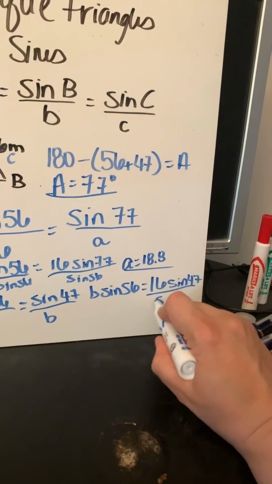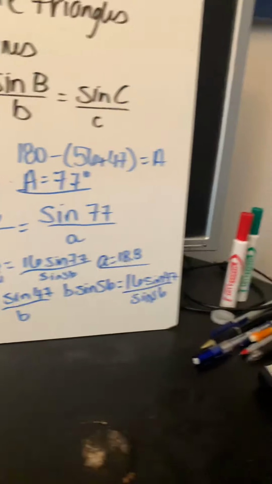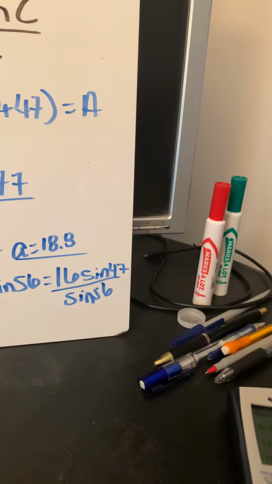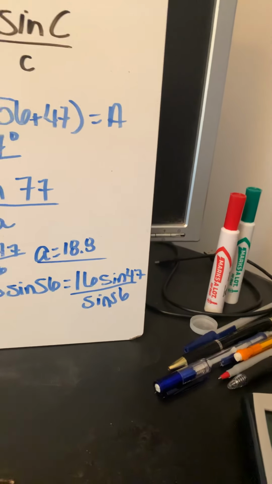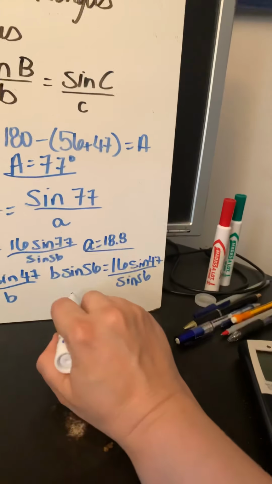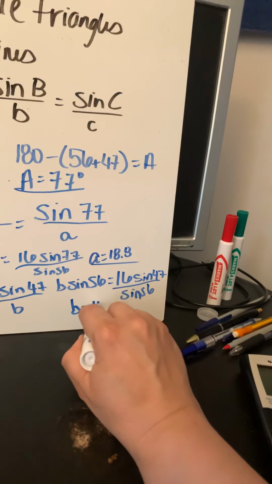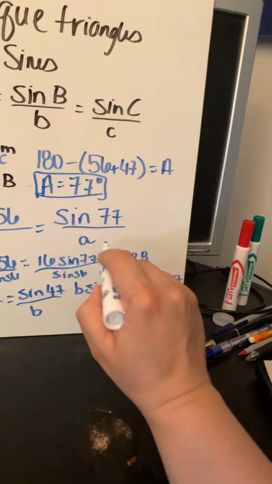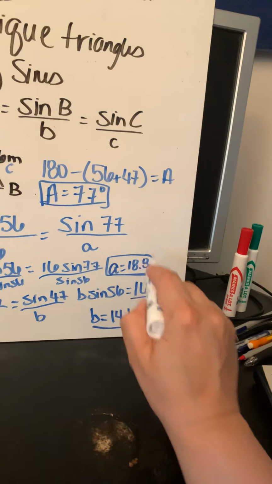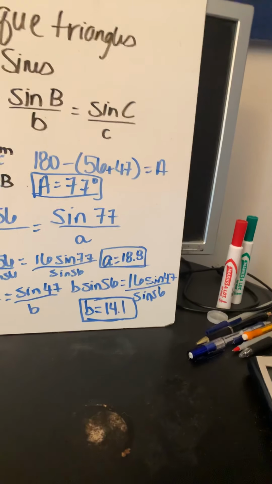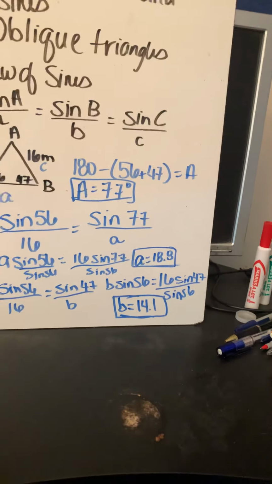Divide by sine 56. So same thing, we're just going to type it into the calculator. And you should end up getting little b is 14.1. So there's your big A, little a, and little b.